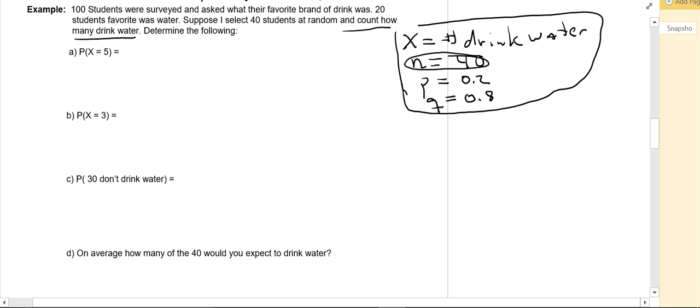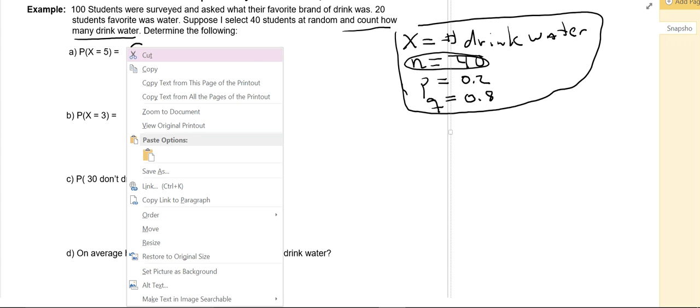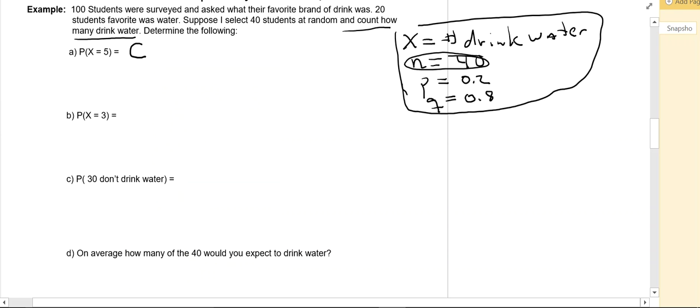So the first question is the probability X is equal to 5. Well, we have the formula. C of 40 pick 5 times the probability of what we're counting, 0.2, raised to how many? 5.